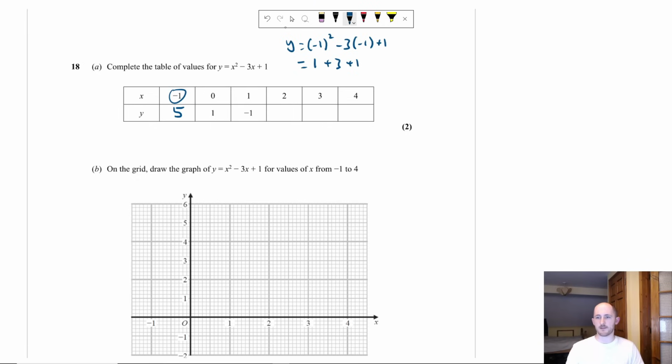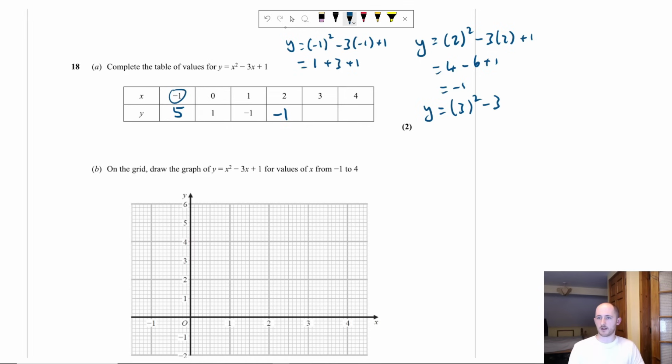Now we're going to do the same thing for 2, and so on. There's no pattern to this, by the way, so you just got to brute force it. So that's 2 squared is 4. Oh no, I'll do it again. Minus 6 plus 1. So that is minus 1. Do the same thing for 3.